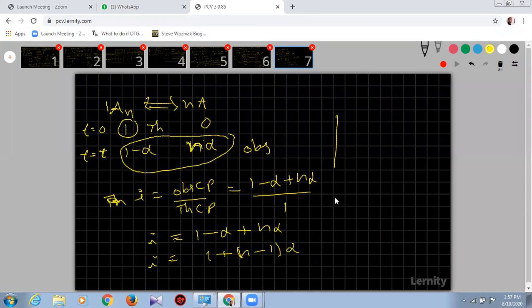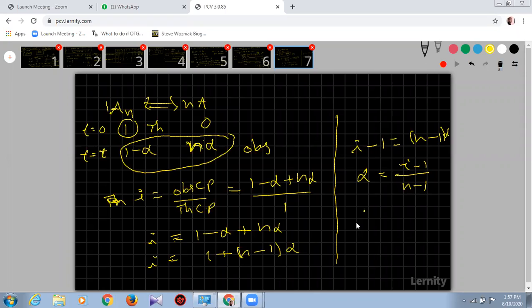Now, in the same case, I can write i minus 1 is equal to n minus 1 alpha. Am I right or not? Okay, now alpha is equal to i minus 1 by n minus 1.